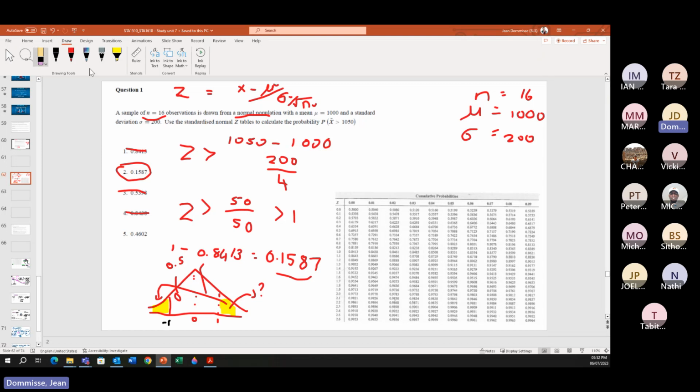What's your reaction to a question like this? Sorry, Jean. Yes. Let's just say we didn't go further to minus from 1, and we got that answer 0.8413. Would we get it totally wrong, or would there be a mark or two allocated? See, and that is what I think you would have now seen in your last assignment.